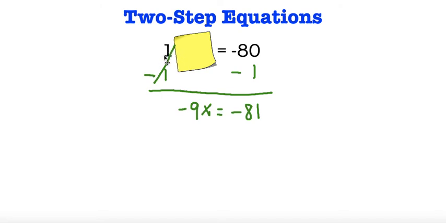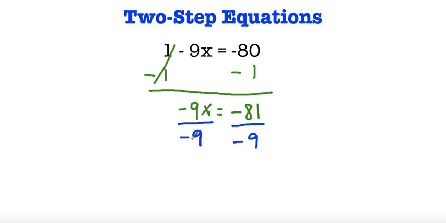So in order to get rid of that positive 1, we had to subtract. So now I brought down my negative 9x, and I have negative 9 times x is equal to negative 81. And in this case, because it's multiplication, if I want to isolate my x value, I have to divide by negative 9 on both sides.